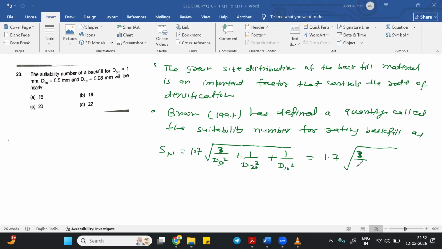So 3 upon 1 square plus 1 upon d20, which is 0.5 square, plus 1 upon d10, which is 0.08 square. When you calculate this, it will be 21.7, which is around 22. So suitability number is 22. D will be the answer. Okay. This is all about question number 23.